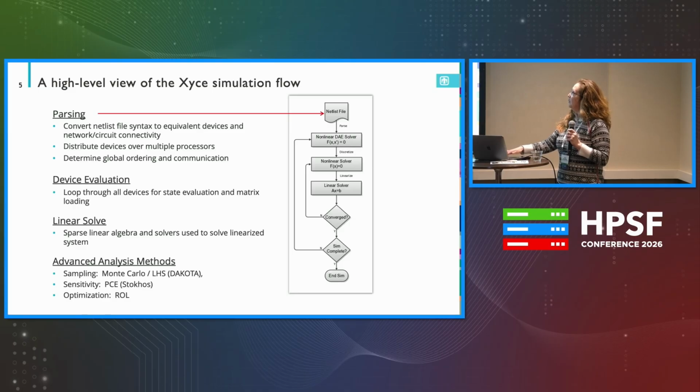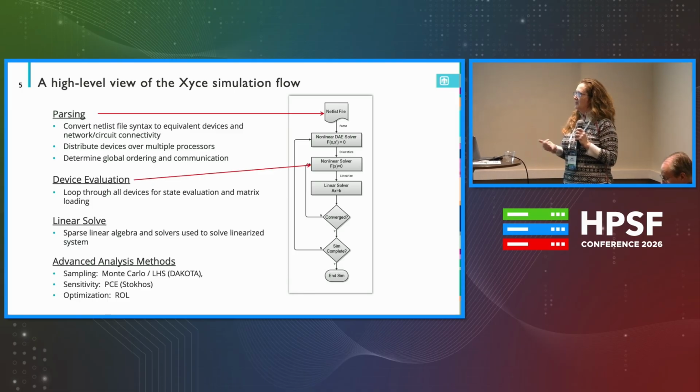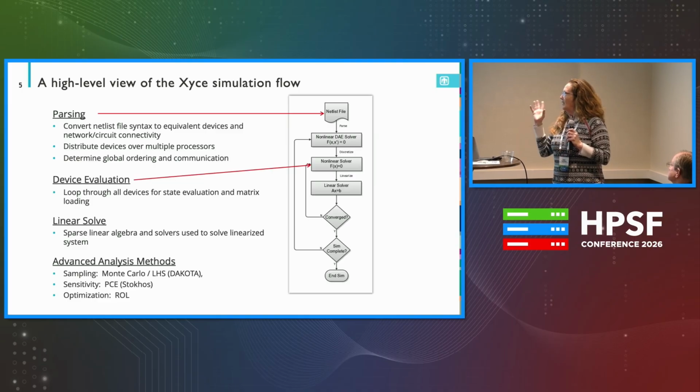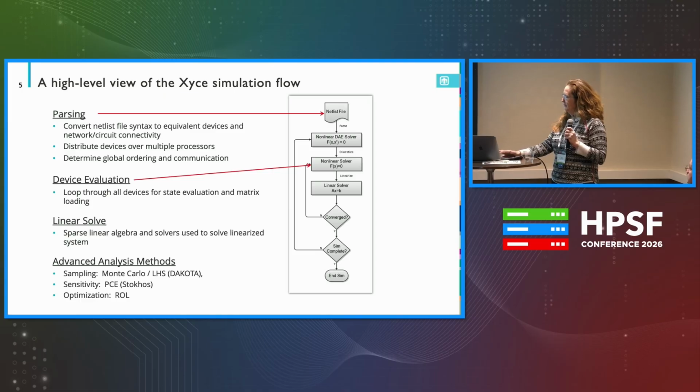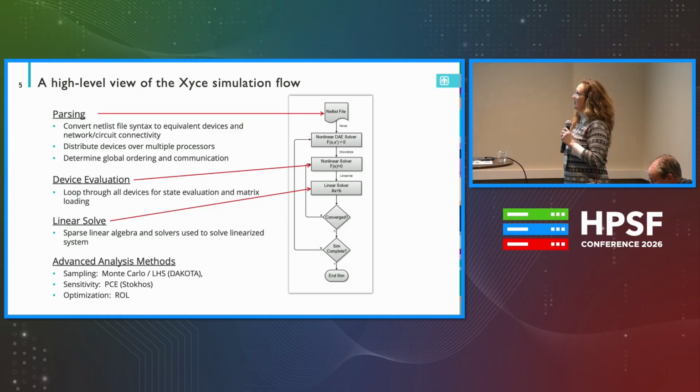From there, we basically have our simulation engine, after you sort out what type of problem you're simulating and what type of analysis you're doing. Device evaluation, so evaluating a resistor, inductor, capacitor, transistor, diode, whatever, is done here at the nonlinear solver level. In the middle, we have this linear solve, because we use implicit methods.